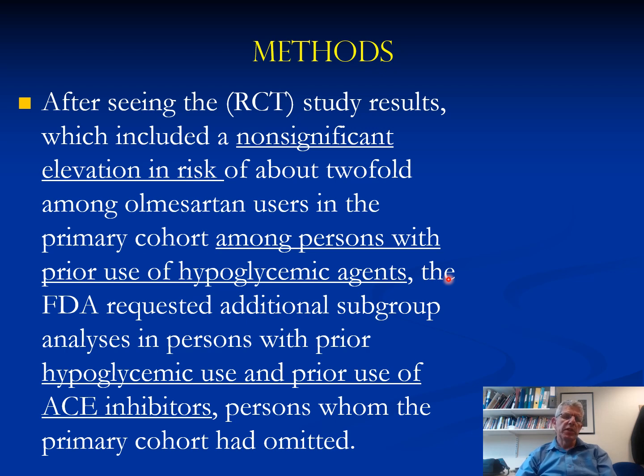The restriction of the initial analysis to people without prior use of ACE inhibitors had the effect of focusing on a population of treatment initiators who may have been substantially healthier than those with prior ACE inhibitor use, and we will look at this later.